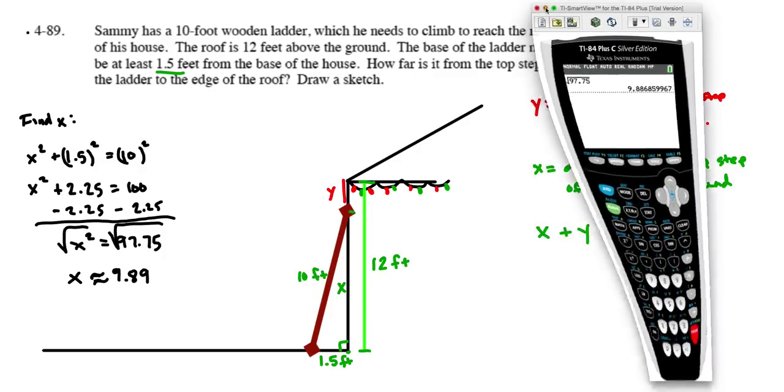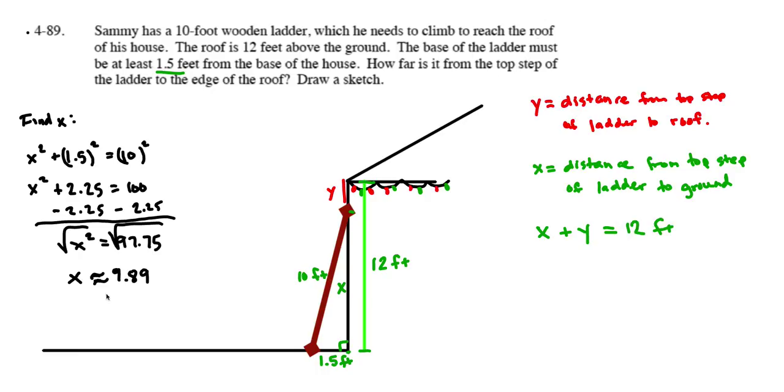You can disappear now. So if we know that x right now is approximately 9.89, and we're trying to figure out what y is, well, we can take this 9.89 and plug it in here.